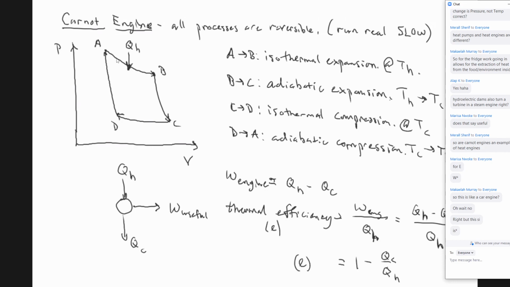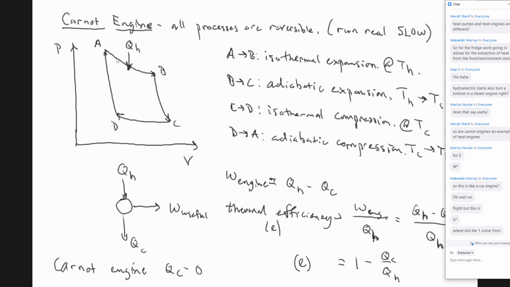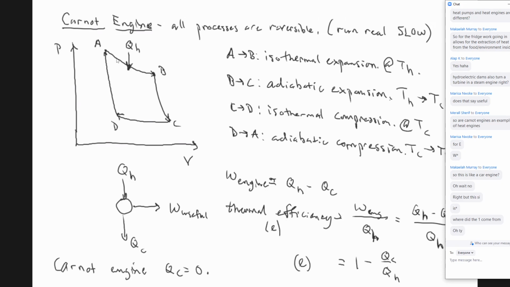So all this means is that if for a Carnot engine, QC is equal to 0. QH divided by QH is 1 minus QC over QH. Okay, so for a Carnot engine, we don't lose any heat in the system.